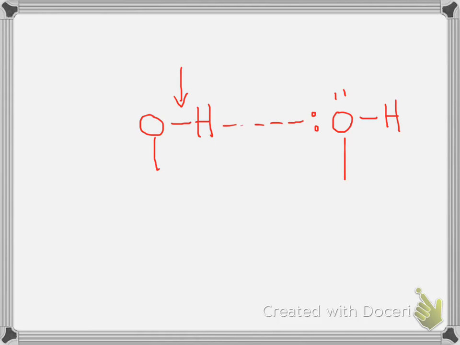Okay? If that bond gets weaker, right, you expect it to shift to the right, because this is weaker. Over here on the right at 4,000 is stronger. So this is a pretty strong bond just to start with. But then if it has hydrogen bonding, that bond becomes weaker. You expect it to be shifted further to the right. But here's the thing.